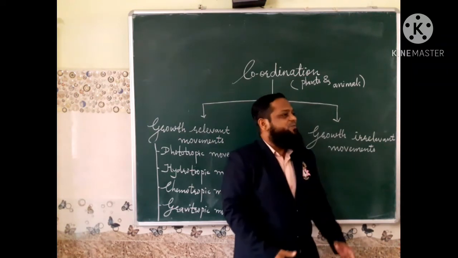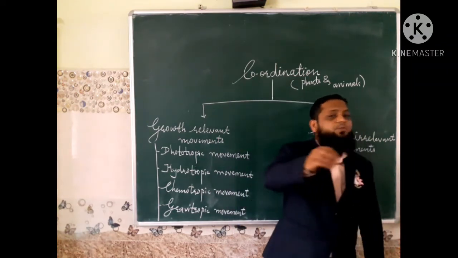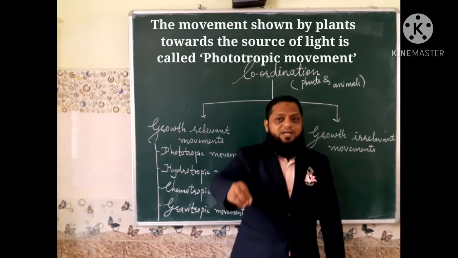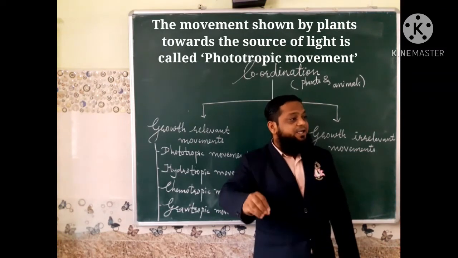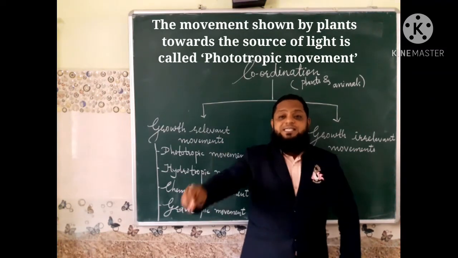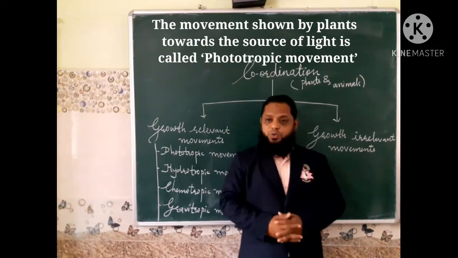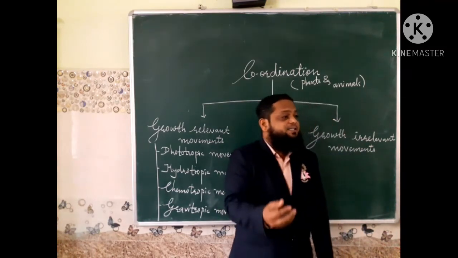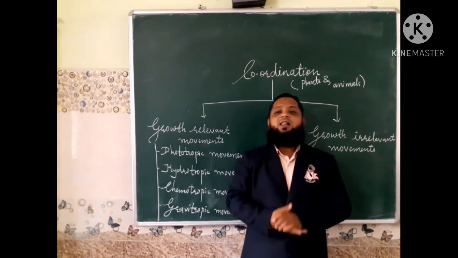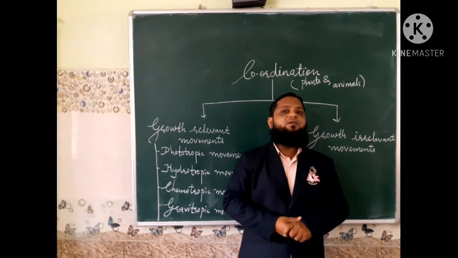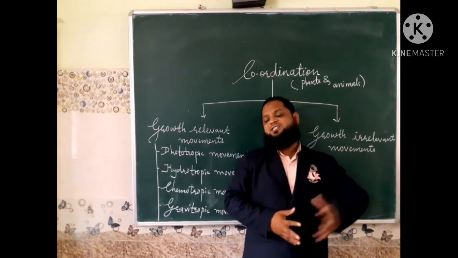I am repeating one more time. Phototropic movement is a movement in which the plant responds to the sunlight and starts to grow by synthesizing food material in the process of photosynthesis.